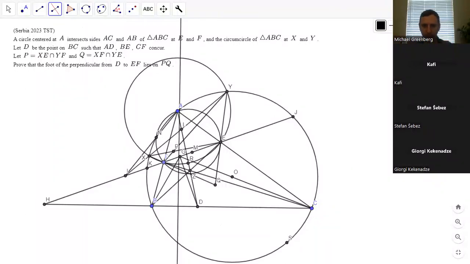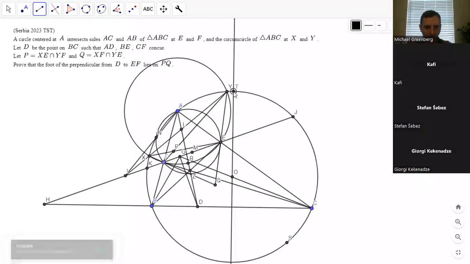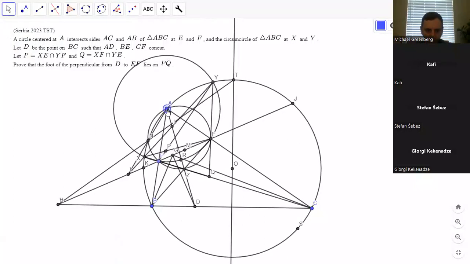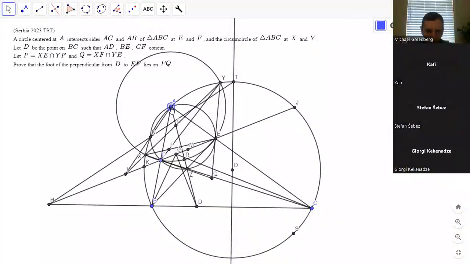Oops, sorry. Oh, are T, N, and H collinear? And is that obvious?